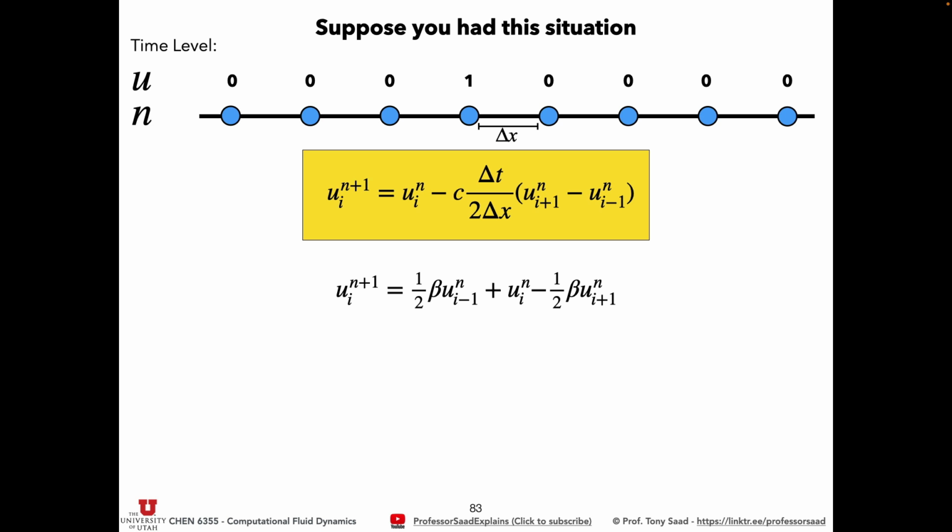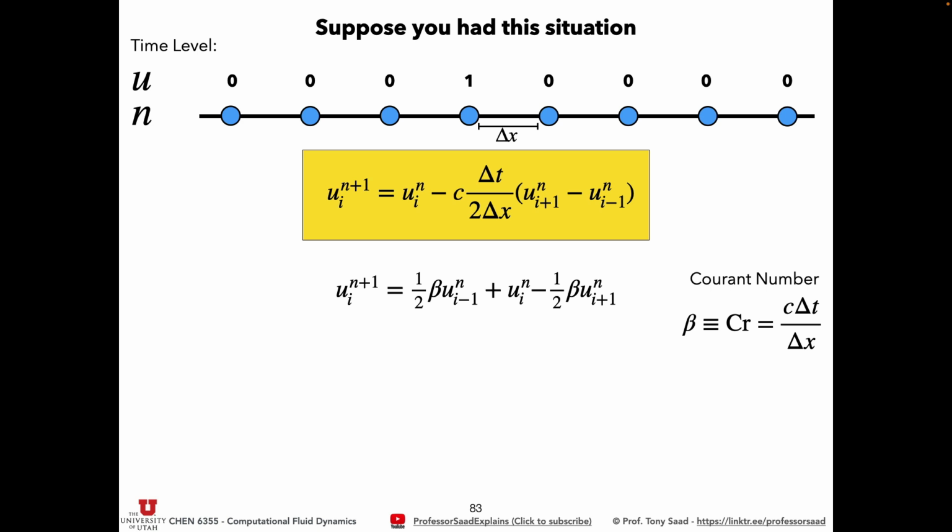Beta is simply speed times delta t over delta x, and that's actually called the Courant number. What it tells you is, given a spacing delta x between 2 grid points and a speed of a wave, your choice of delta t will tell you numerically how far along you are moving this signal.